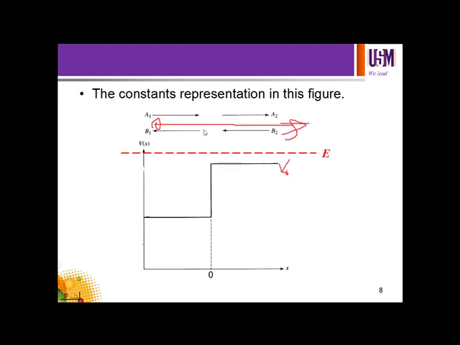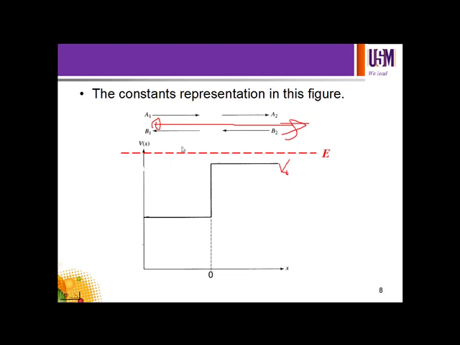The particle should be transmitted through. There is no reflected particle, except that the momentum changes, because of the difference between E and V naught. But there will be no particle being reflected back. That is in classical mechanics.